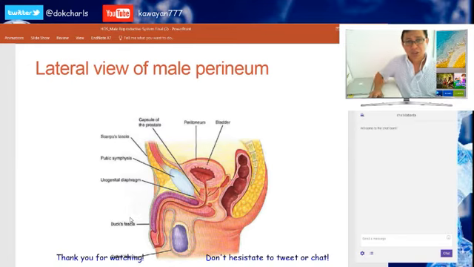Okay, so this is your lateral view of the male perineum. This is a sectional view where you can see the basic gross structures. Starting from the rightmost part, you have the bladder. Of course, lying over it is your peritoneum, and near the bladder you have your prostate, and this is the capsule of the prostate gland.